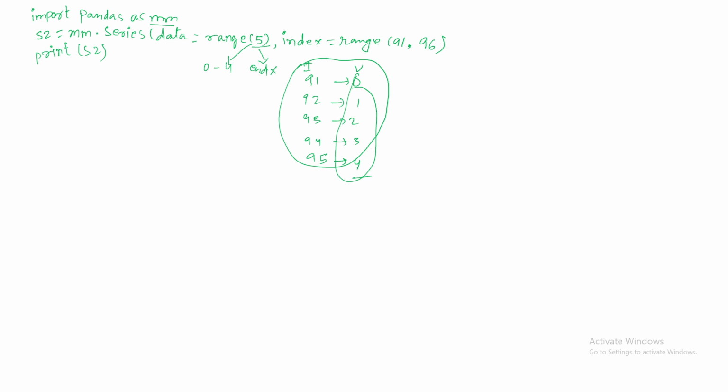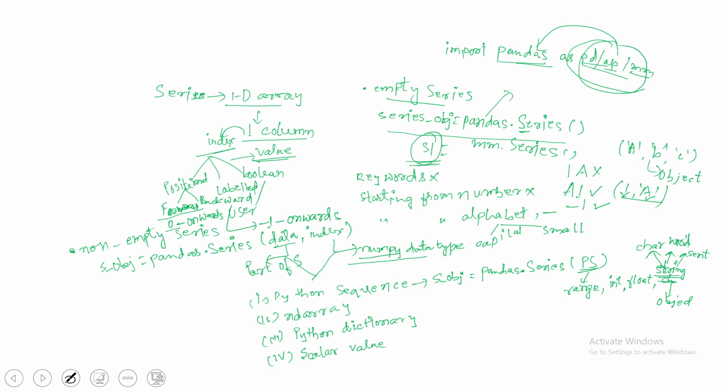Now number 2, ndarray, we will see. Which one is this? Python sequence. So through the Python sequence you can use it. See, I am using the range function in the data place and also in the index place. That is why I am saying that data and index we can write in how many types? 4 types. Okay, Python sequence we have seen.